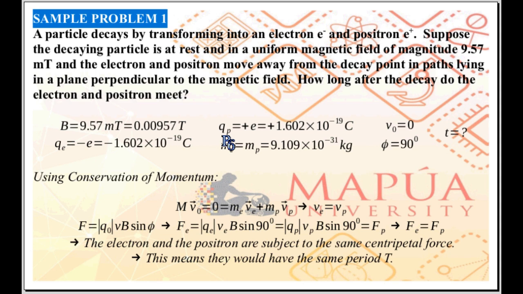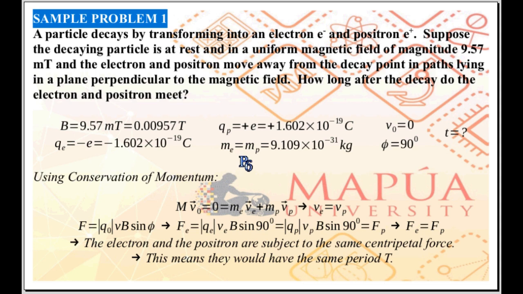The charge of the positron is just like the charge of an electron but opposite in polarity. So the positron charge is equal to positive e, positive 1.602 times 10 to the negative 19 coulomb. The positron and the electron are identical except for the polarity of their charge, which means they both have the same mass.